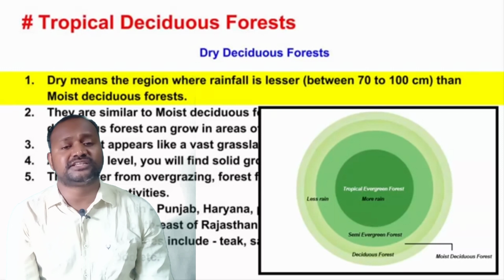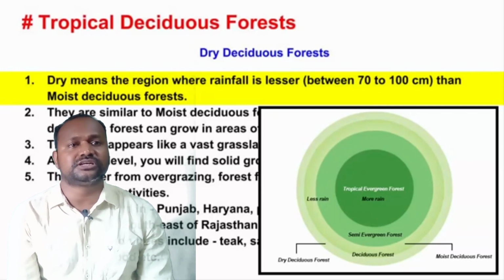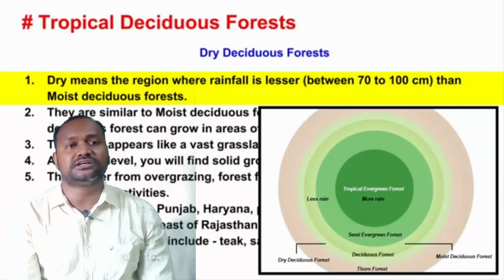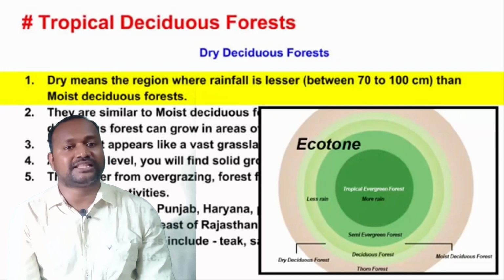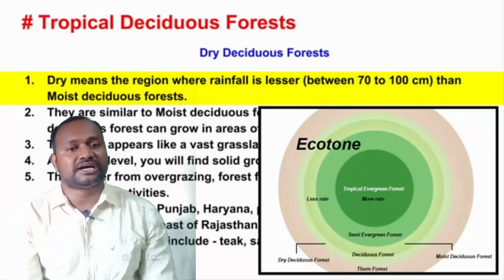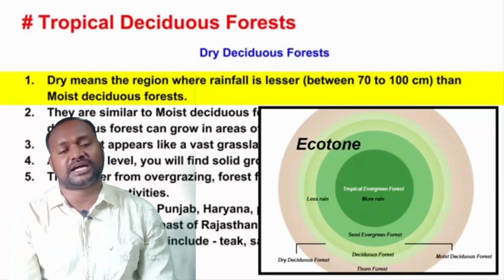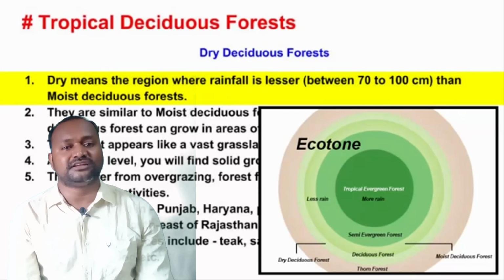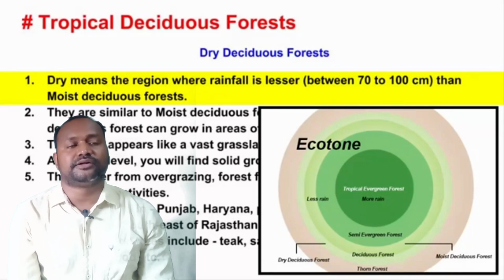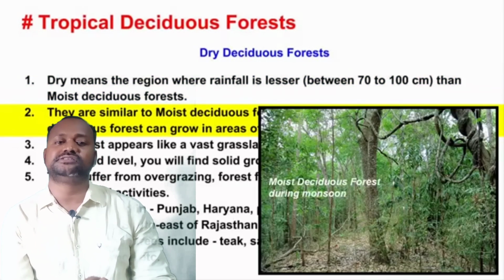It is mostly found in the rain shadow region of Madhya Pradesh or the eastern part of the Western Ghats. Then it is found in the Gujarat region, the Punjab region, Haryana region, and in some parts of Rajasthan we have the dry deciduous forest. So this is all about dry deciduous.